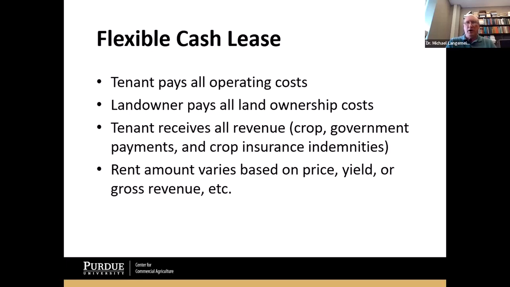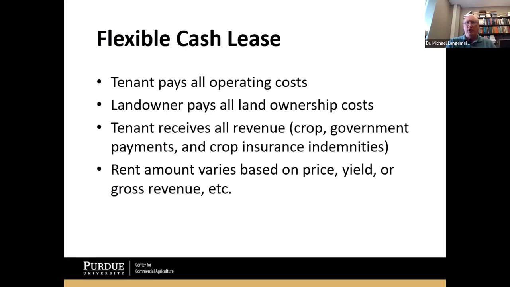It's become more common, though they're still around, to have leases that flex on yield or price, usually one or the other. It's much more common now to flex on revenue. And so my discussion is going to focus on flex leases that focus on revenue, and I'll get more specific in the next couple of slides.